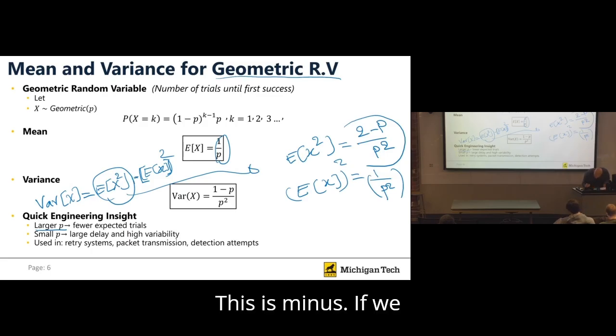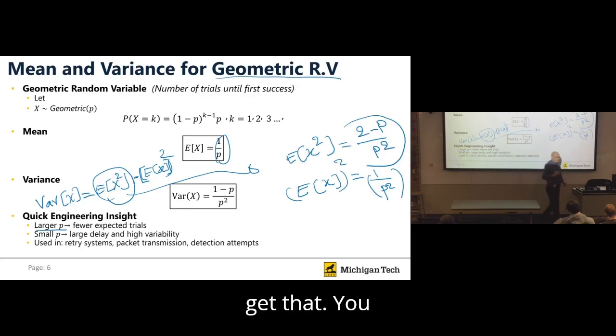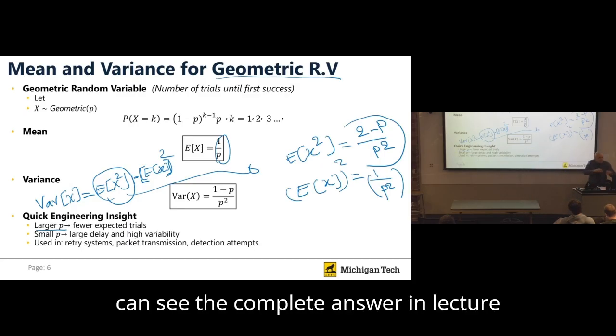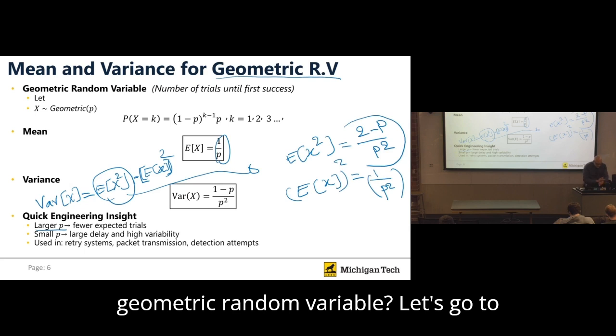If we eliminate this from this, you're going to get that. You can see the complete answer in the lecture notes as well. Okay, any more questions about geometric random variable?